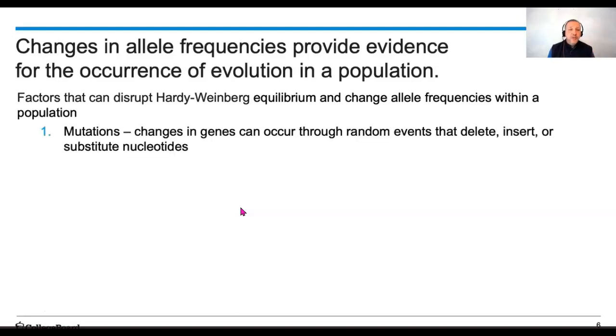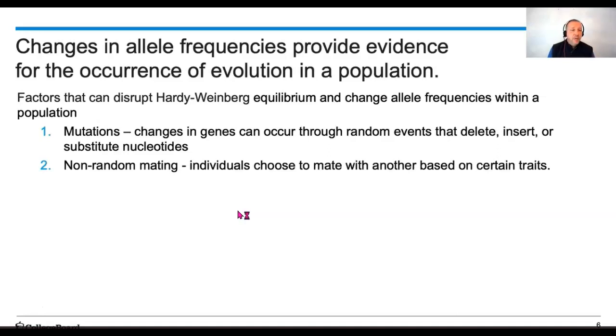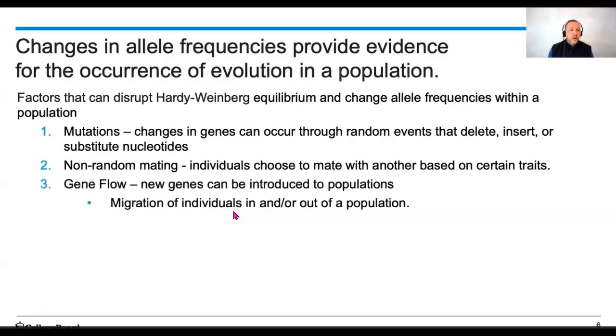One of these factors, mutations. Changes in genes can occur through random events that delete, insert, or substitute nucleotides. Another factor, non-random mating. Individuals choose to mate with another based on certain traits. Gene flow is another factor where new genes can be introduced to populations, so migration of individuals in and/or out of a population.